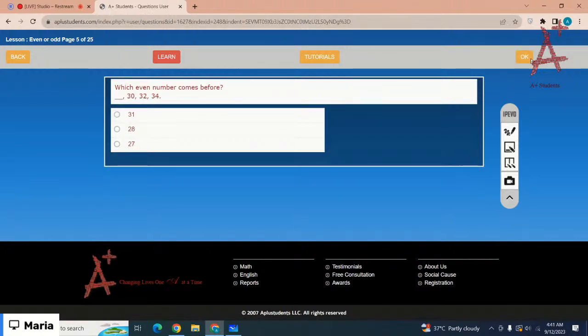Okay, which even number comes before 30? So which is the correct option?